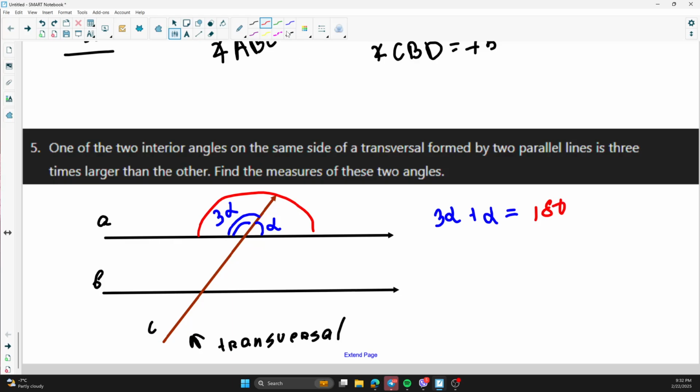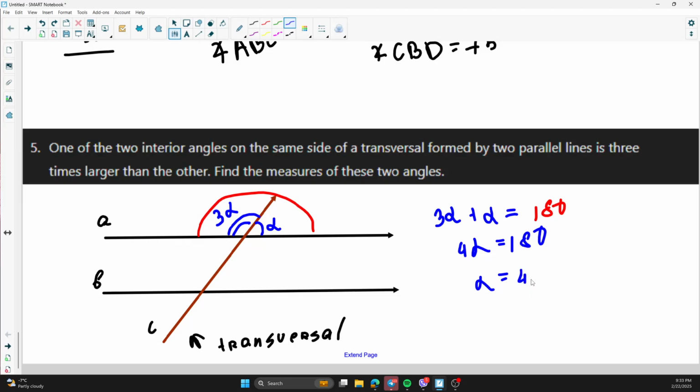So 4 alpha equals 180, which means alpha is 45.